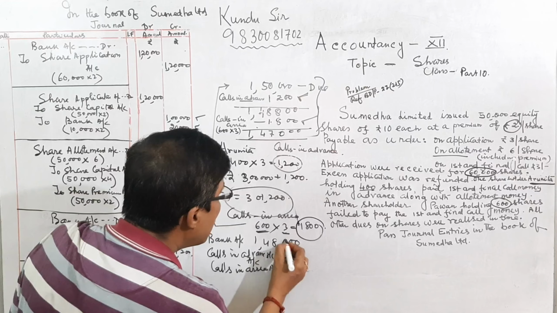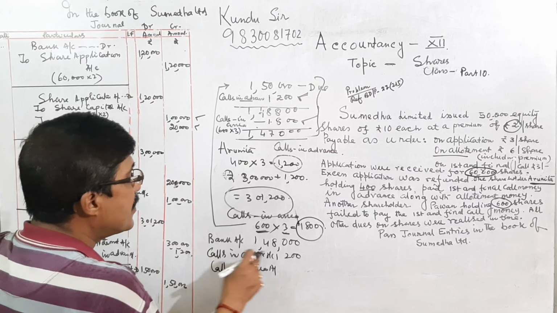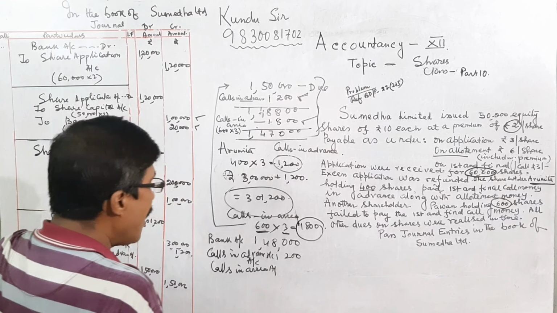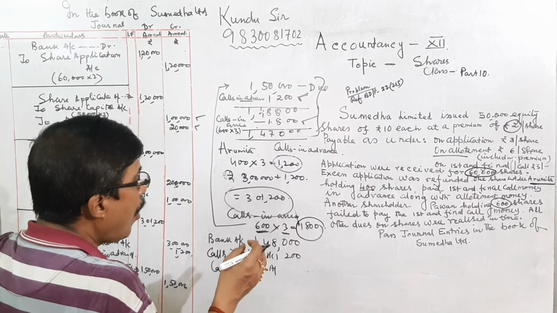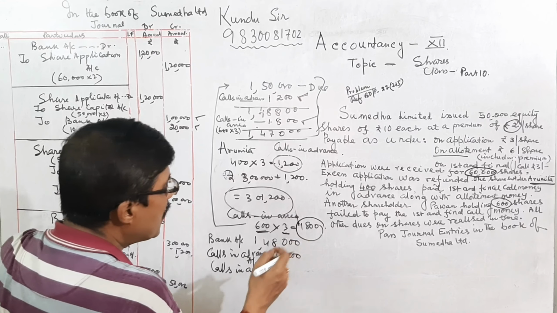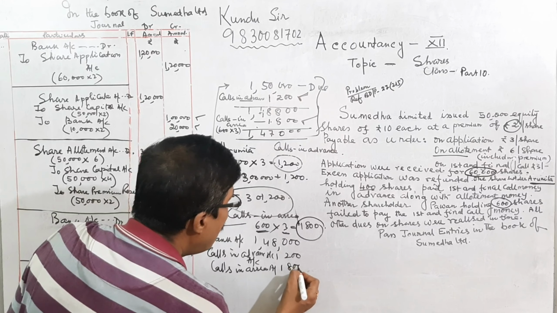We are adjusting the calls in advance 1200 and we are keeping in calls in arrear 1800, which is to be recovered, or it is still due with Pawan.